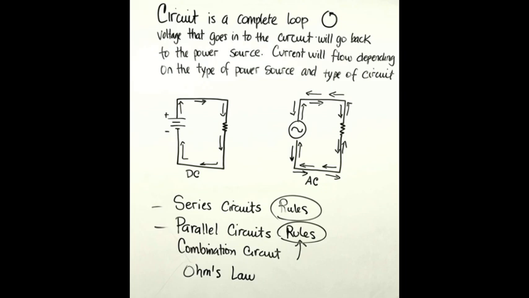So R total equals 1 over, and now I'm going to take 1 divided by 5. That's going to give me 0.2 plus 1 divided by 20. That's going to give me 0.05 plus 1 divided by 4. That's going to give me 0.25.